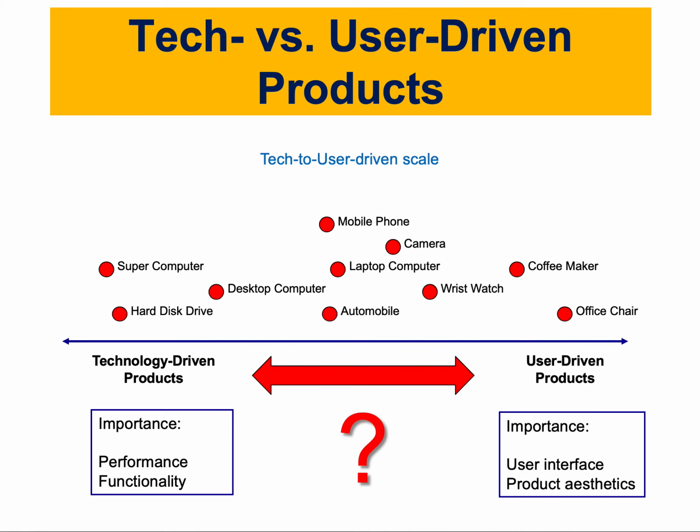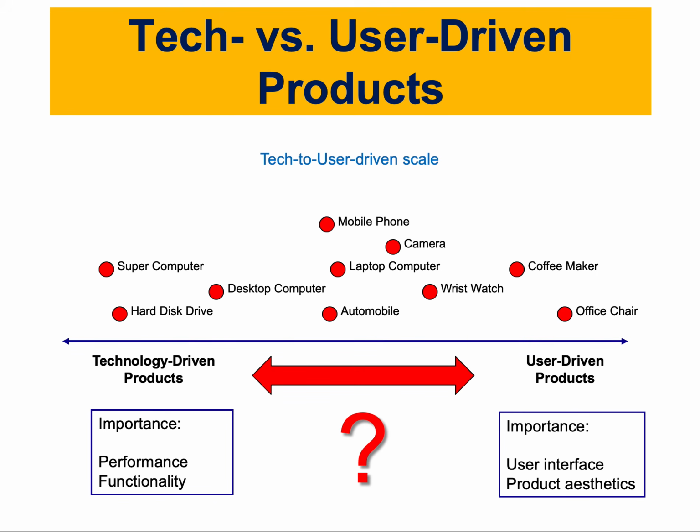You might have an office chair for a long table or a short table, in a big office or a small office, a moving office chair versus a static office chair. All of these things depend on the user interface and the product aesthetics. If you like the colors, if you like the design, all of these are important in user-driven products.